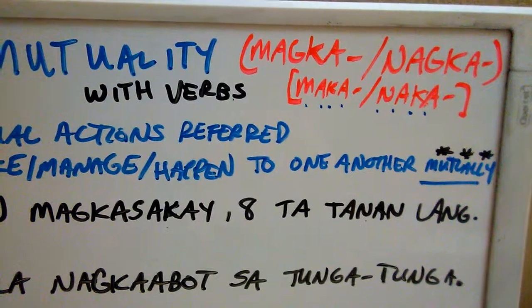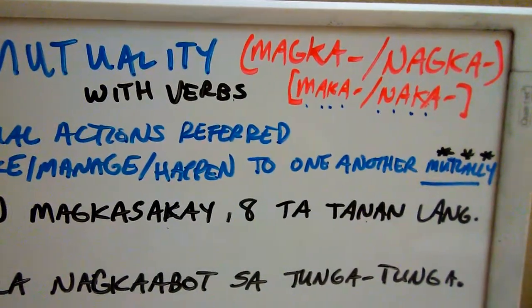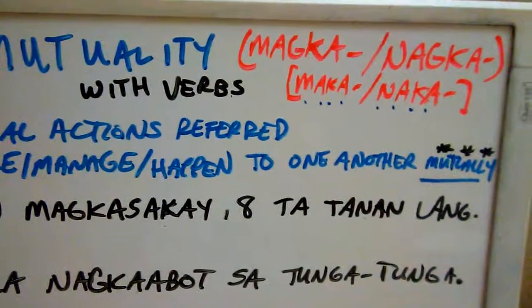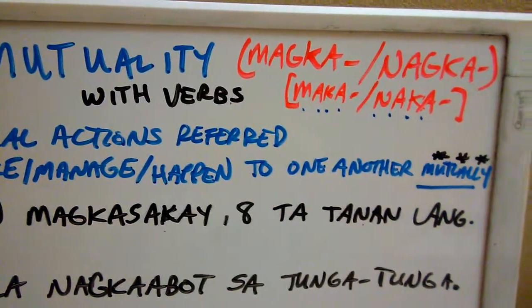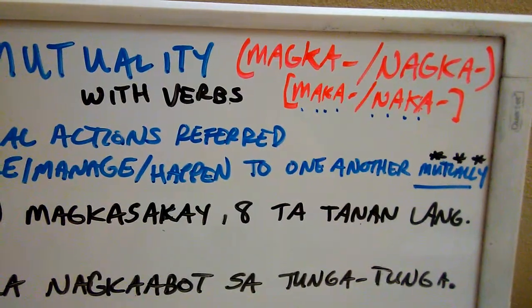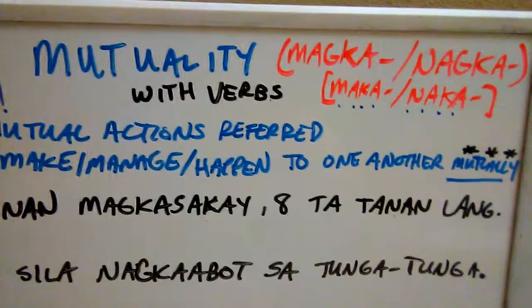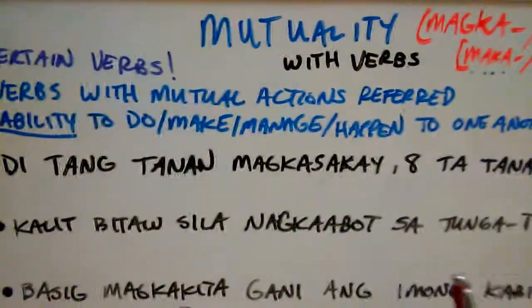Everything is just mutual and happening coincidentally. Nothing was planned or done on purpose. It was just casual and coincidental. The example sentences will show that.